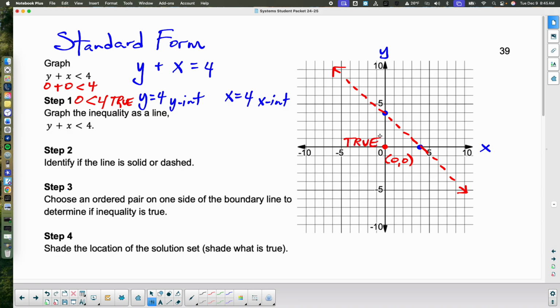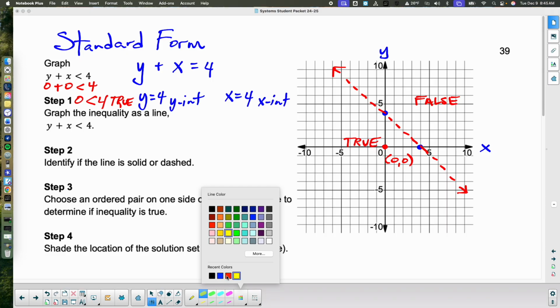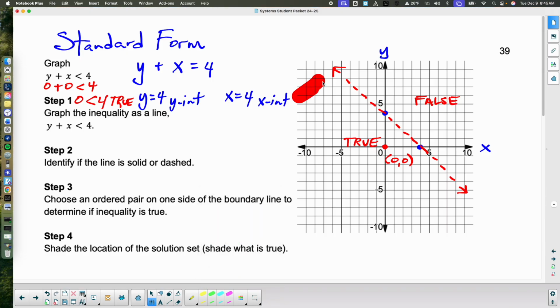Or instead of saying true, you could say solutions. And then the other side of the line would be the false section. And you will shade the true half. These aren't really necessarily harder, they're just definitely done differently.